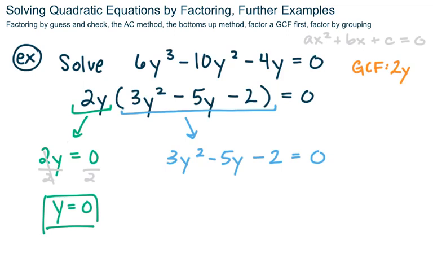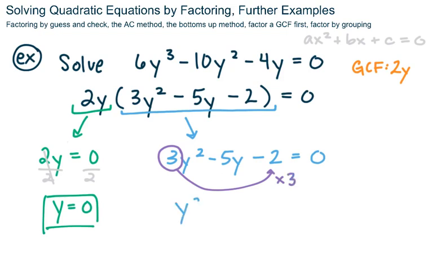So this other factor, now we are solving a quadratic equation equal to 0. At this point, I'm going to use the bottoms-up method to factor since my leading coefficient is not positive 1. That means I'm going to come over here and multiply by 3.